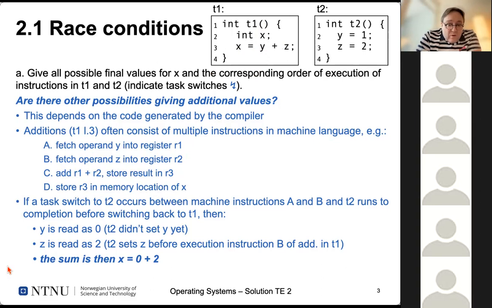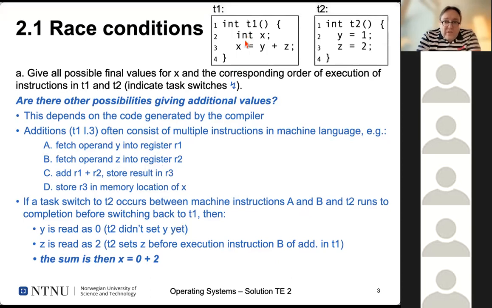So let's see what I wrote here. The task switch to T2 occurs between machine instructions A and B, so between the fetch of the operand y and the fetch of the operand z. What could happen then?